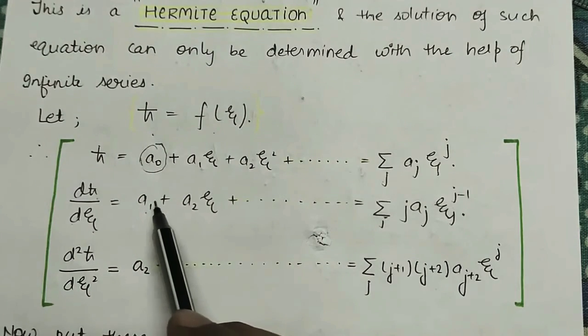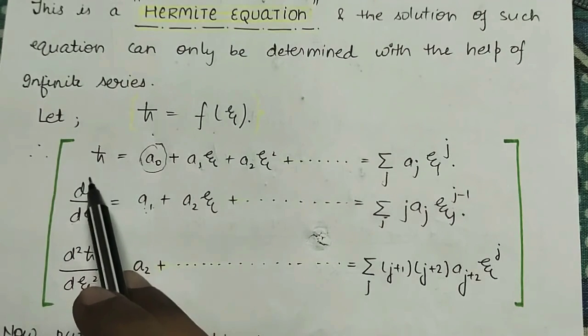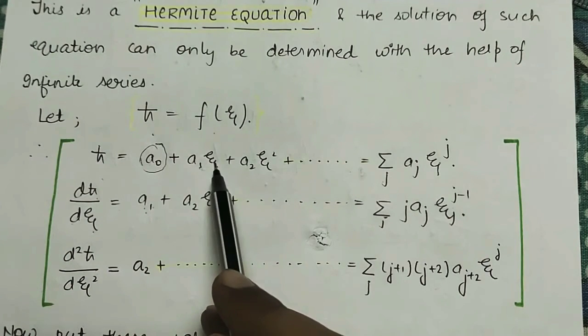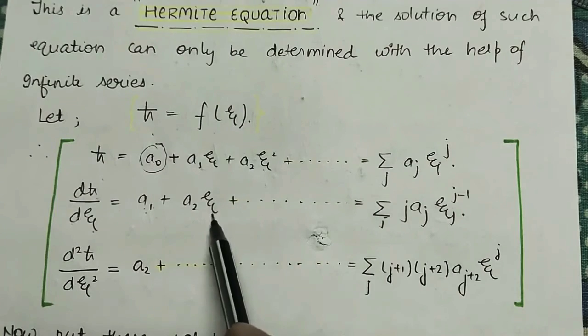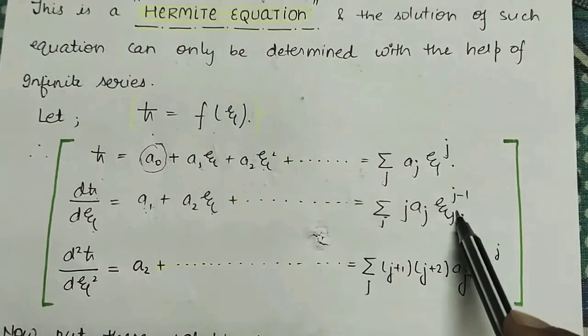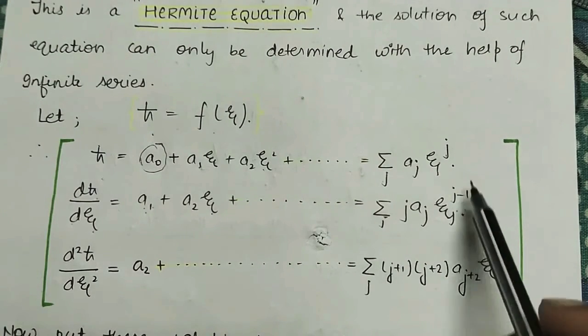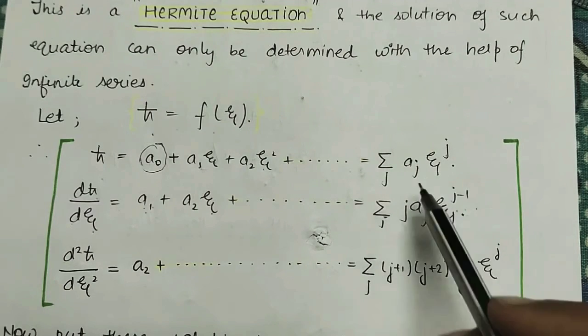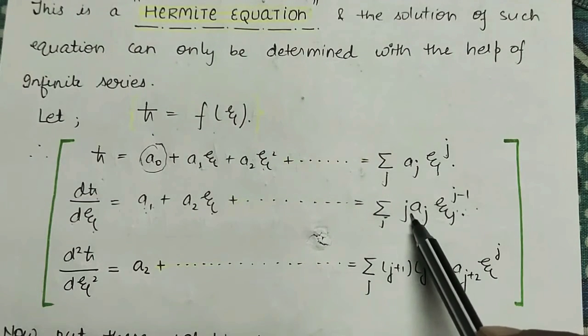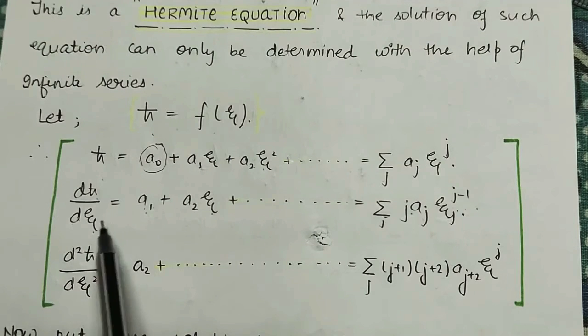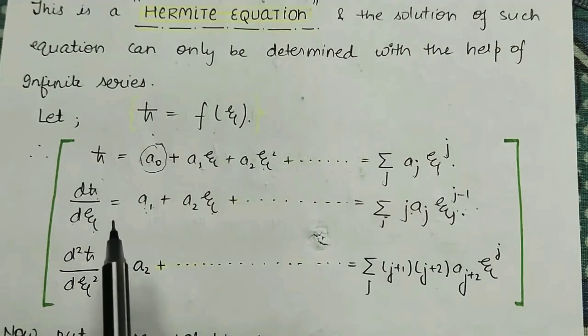We only have a1 left, and for the other terms xi to the power 1 becomes xi to the power j minus 1, and the power j comes down. So this is the first derivative of h cross.